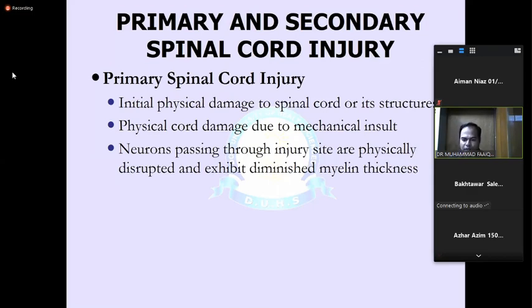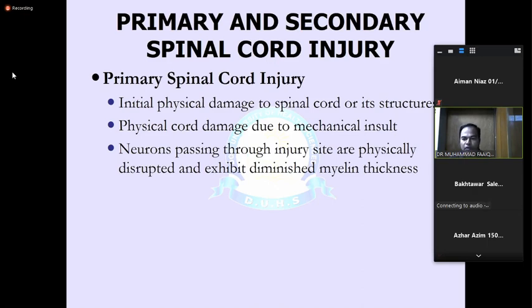For example, if the patient has sustained spinal cord injury because of a firearm injury, because of the impaction of a bullet, and the spinal cord has sustained some sort of contusion or hemorrhage, this will be called primary spinal cord injury because of the impact.